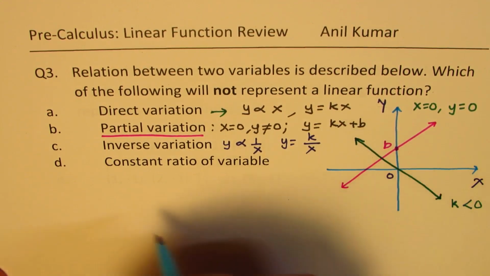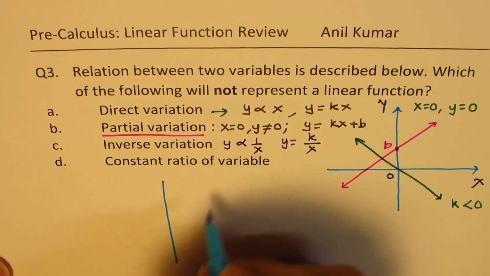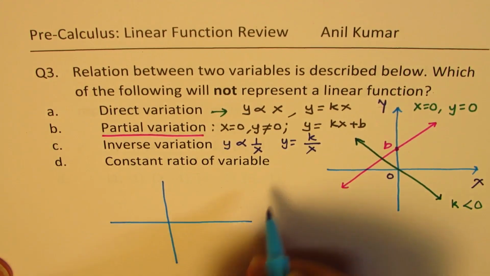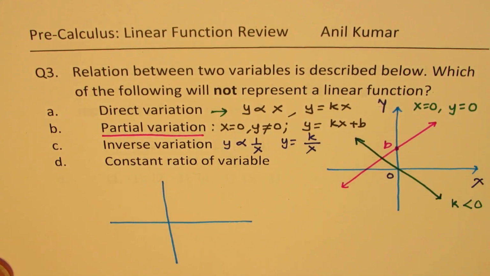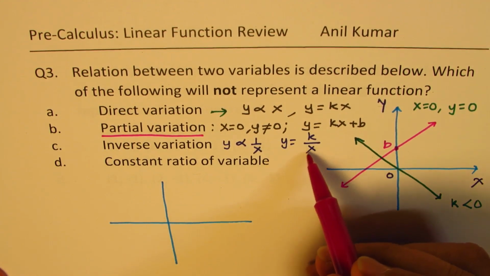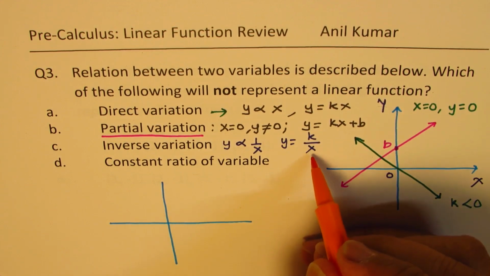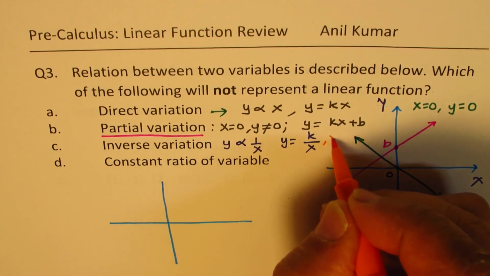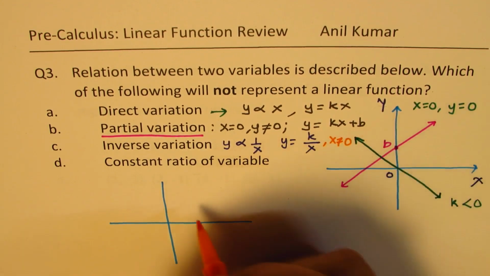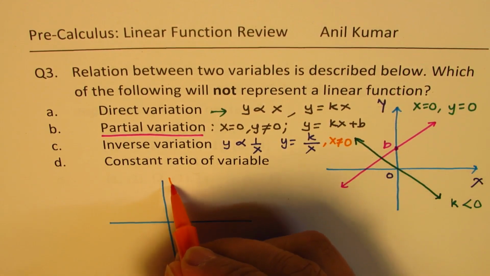So let's try to sketch this graph separately and try to understand how this will look. So that means if x is increasing, y is decreasing, and x in this case can never be 0. So in this case, x is not equal to 0. So the graph of this will be kind of like this.